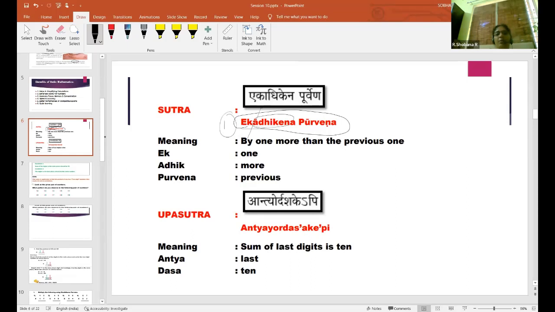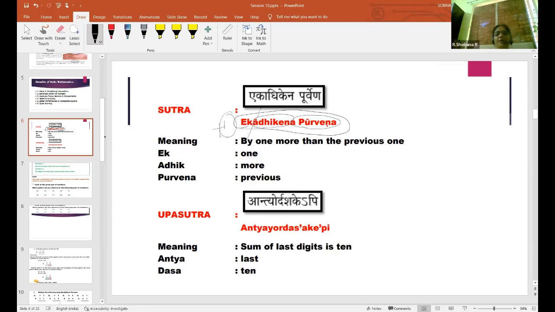In Tamil also we say Adhikam. It's very simple. Ek in Hindi is one. Adhikam in Tamil means more. Purvena means previous. Purva in Tamil also means the previous one. So in those words, it is one more than the previous one.